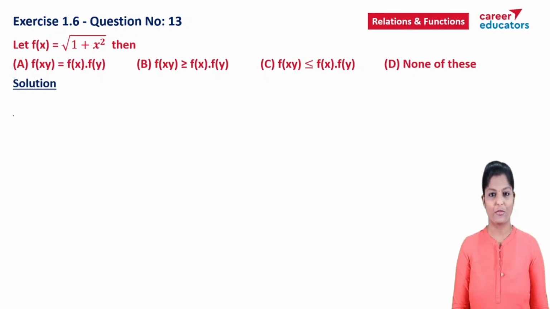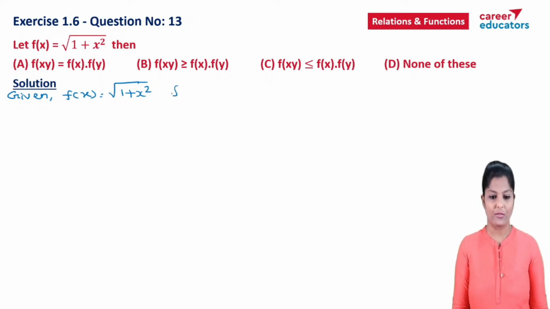Here, f of x is given. We have to find the correct statement from the answer options. Let's solve the problem. Given f of x equal to square root of 1 plus x square. To find the correct answer option, we have to compare the values of f of xy and f of x into f of y.